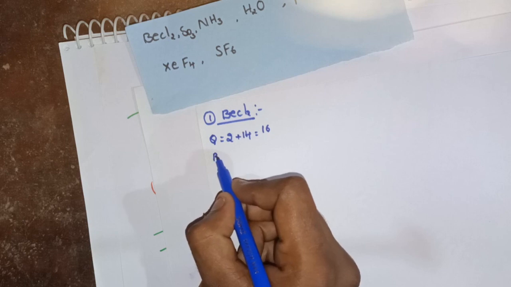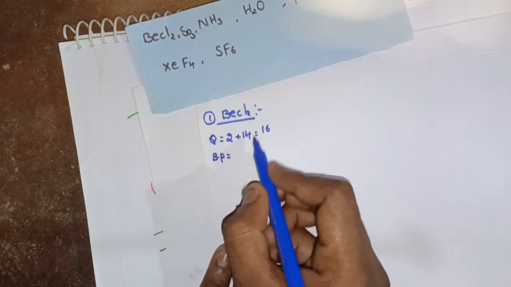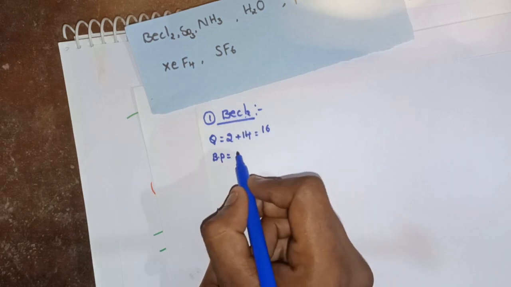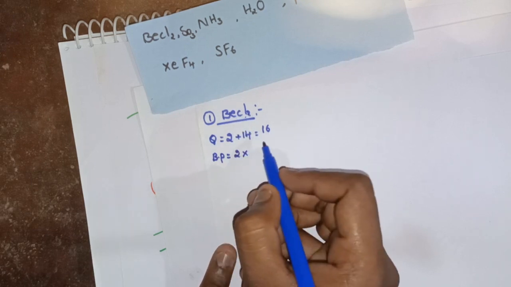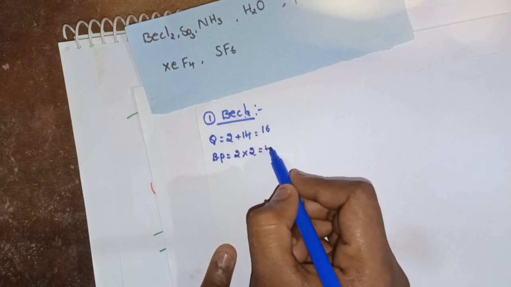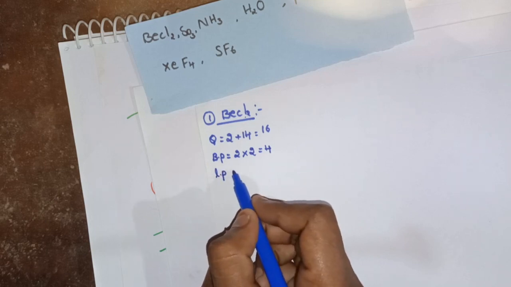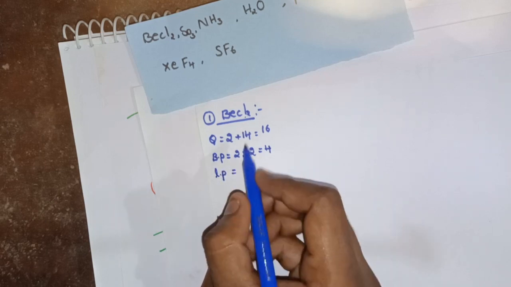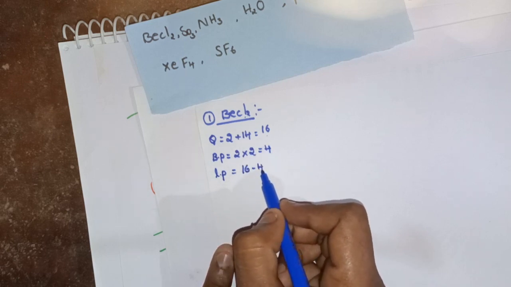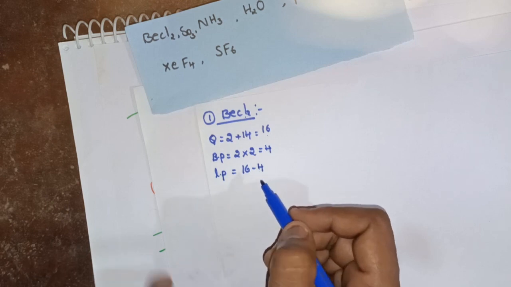Let's find out the bond pair electrons. Bond pair electrons is equal to 2 into the number of atoms around the central atom. That is 2 into how many atoms? 2. That is 4 bond pair electrons. Let's find out the lone pair electrons. 16 minus 4. Q minus bond pair electrons is the lone pair value.